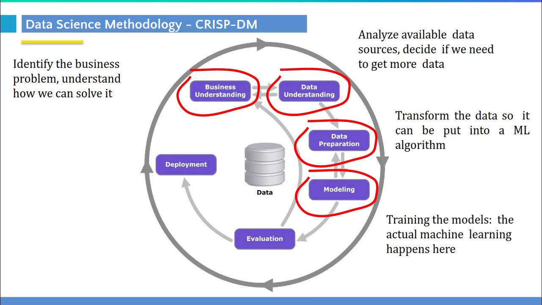The next is modeling. That is where the actual machine learning happens. We train the model based on the historical data. At this stage we have enough data from different sources, properly available, clean, and prepared well before we feed it into machine learning.